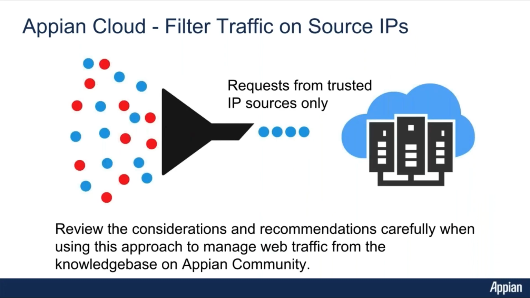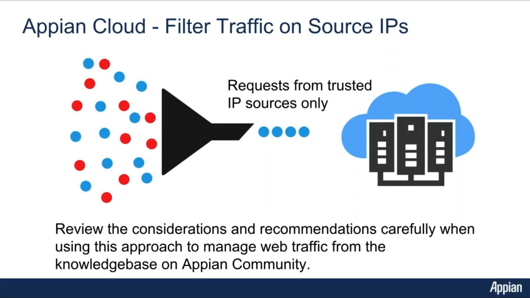We also have a new filtering option available for filtering traffic based on source IPs. Of course, we already provide security controls such as a dedicated VPN tunnel. But if you want to have additional security controls, or maybe you cannot have a VPN, but still want improved filtering, we can say we're only going to allow connections to the Appian Cloud environment from specific source IPs.